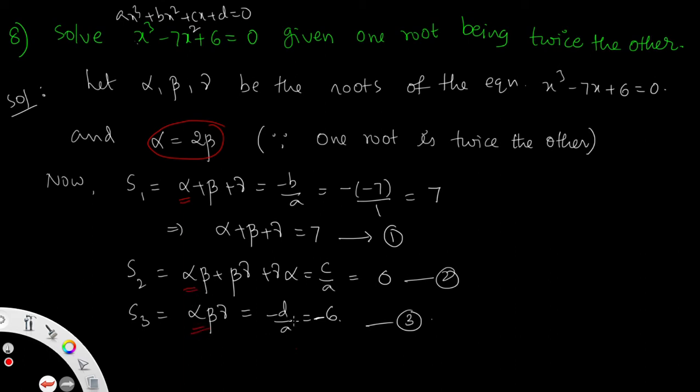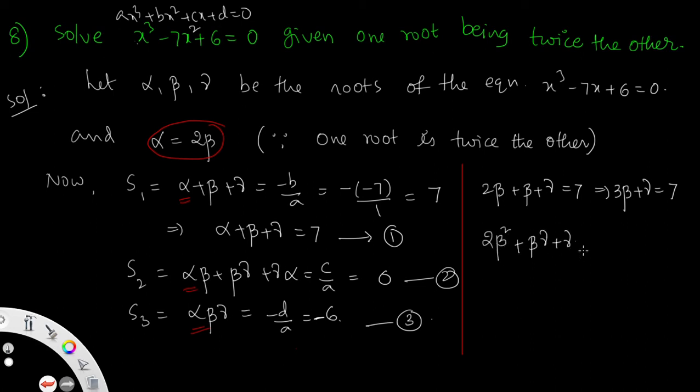The equations can be transformed using this condition. The first becomes 2 beta plus beta plus gamma equal to 7, that is 3 beta plus gamma equal to 7. And S2 becomes 2 beta into beta, that is 2 beta square, plus beta gamma plus gamma alpha, with alpha as 2 beta, equal to 0.